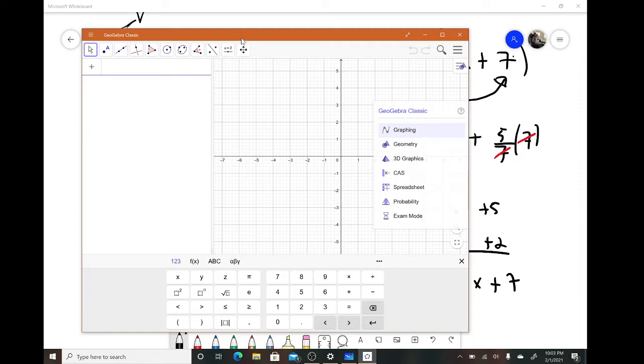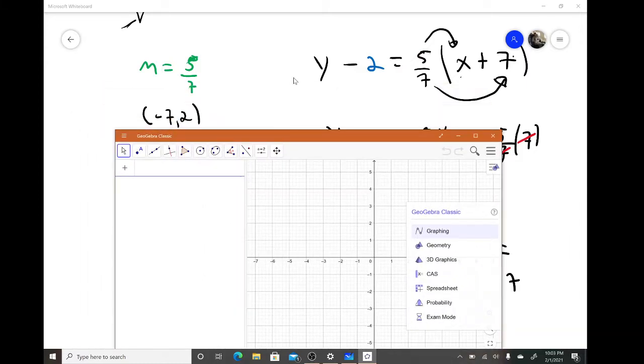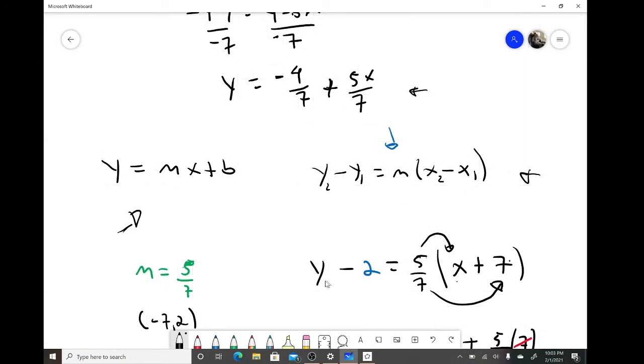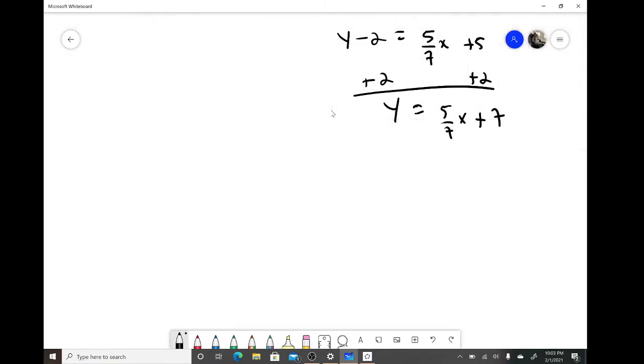So the first equation that we had was y equals negative 4 over 7 plus 5x over 7. And the second line that we just solved was y equals 5 over 7x plus 7.